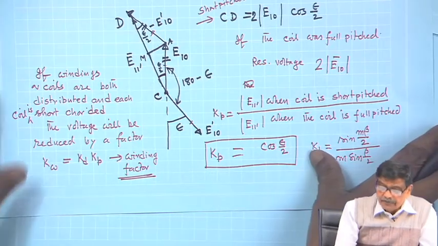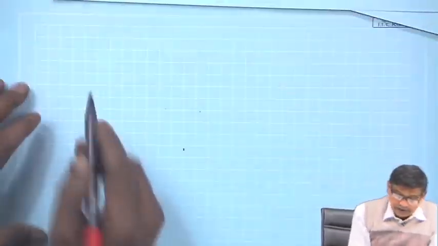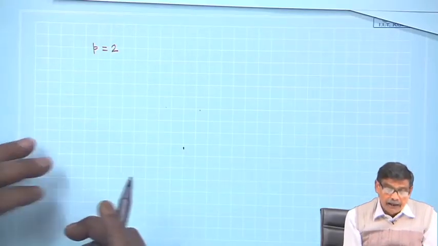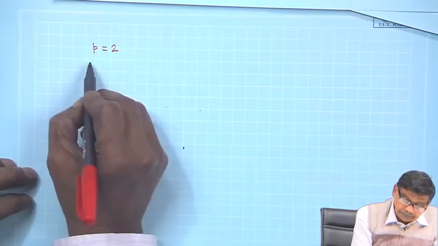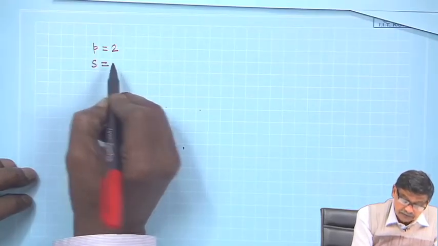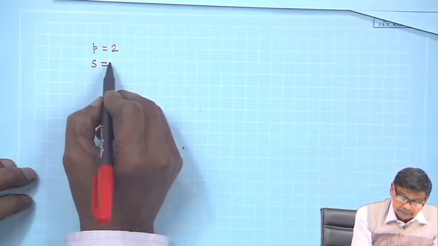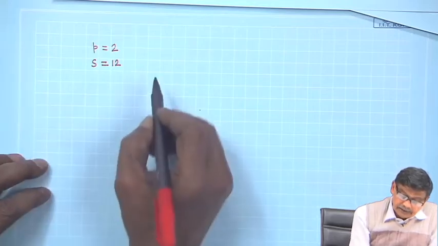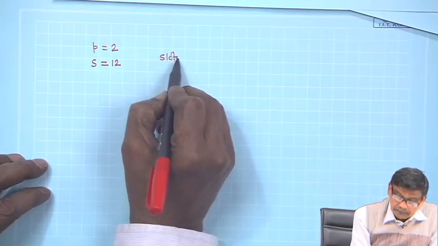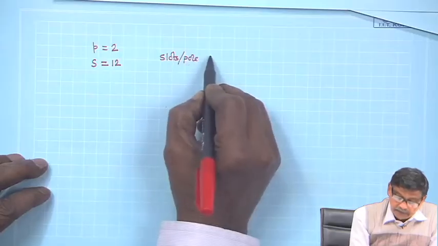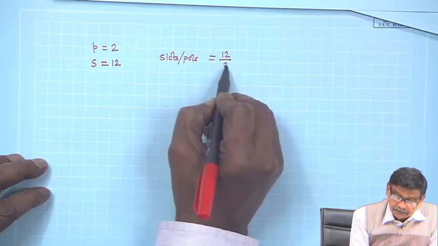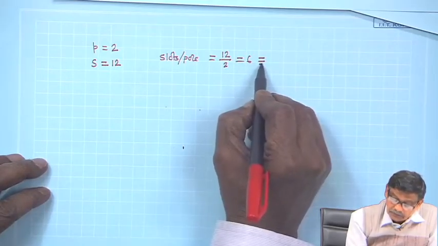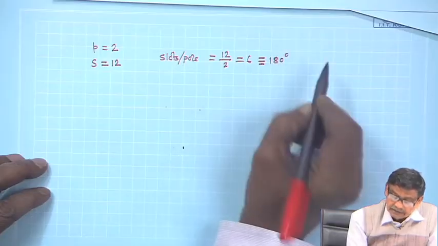For example, if you have a 2-pole machine, P equal to 2, and the number of slots is, say, 12, then slots per pole is equal to 12 by 2, equal to 6, and this is equivalent to 180 degrees electrical.